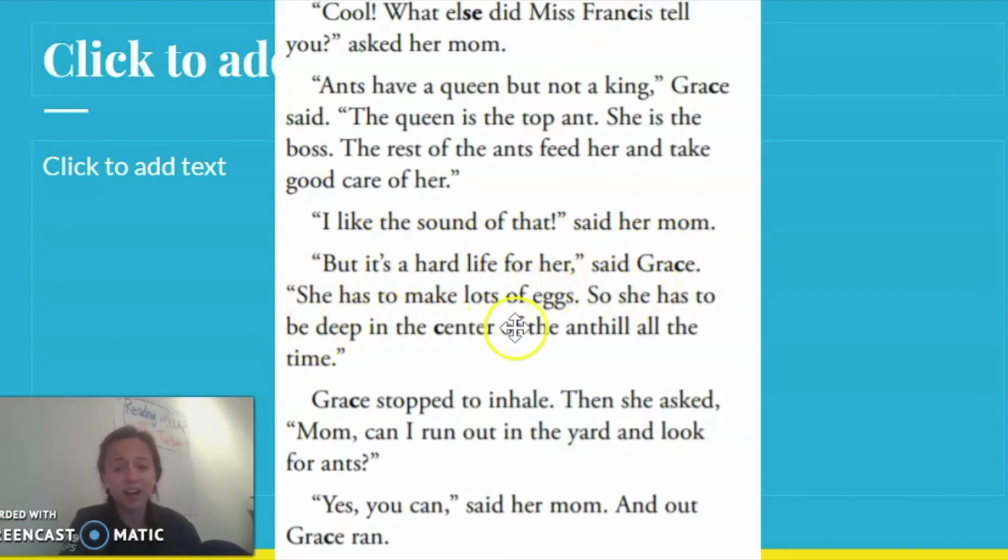"She has to make lots of eggs, so she has to be deep in the center of the anthill all the time." Grace stopped to inhale. Then she asked, "Mom, can I run out into the yard and look for ants?" "Yes, you can," said her mom, and out Grace ran. That is the end of the story.